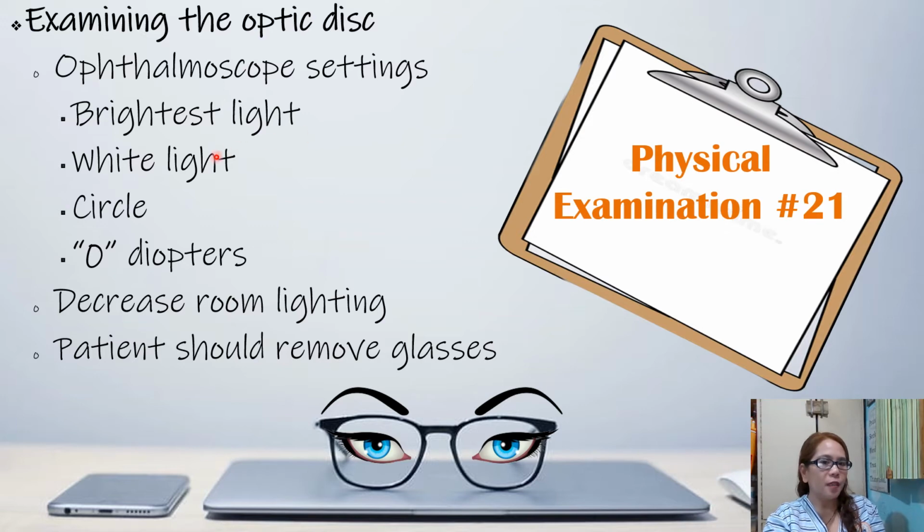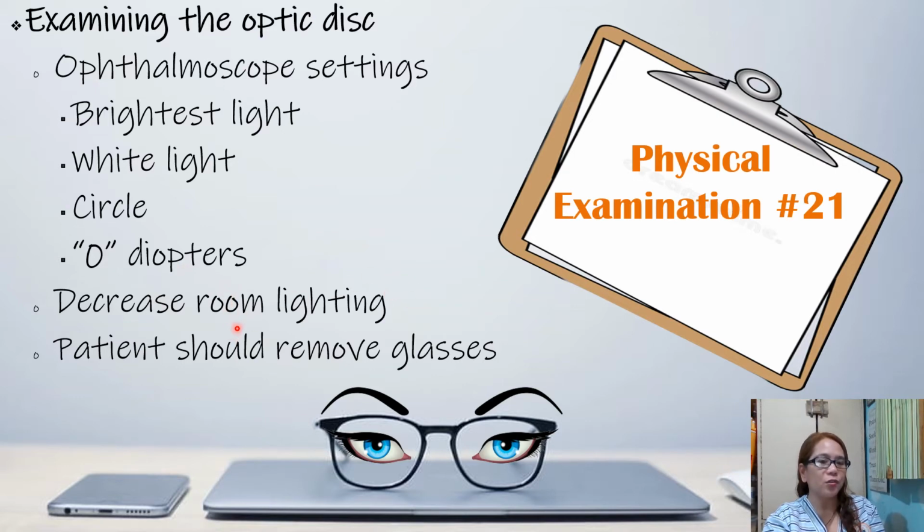You can use white color because it ignores the other colors, the circle, the slits, and the crosses, and you have to adjust the setting of your ophthalmoscope at 0 diopters.